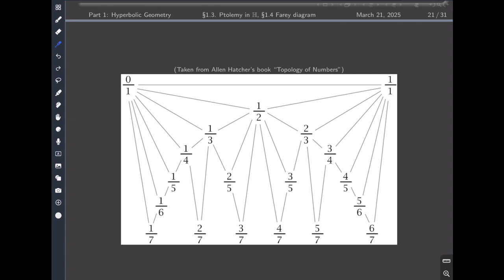I see some show up at a much further level, so 1/4, 1/3 shows up further away. Yes, and then I would say that for instance, 0, 1 is never going to be connected to 2 divided by 7. Right.